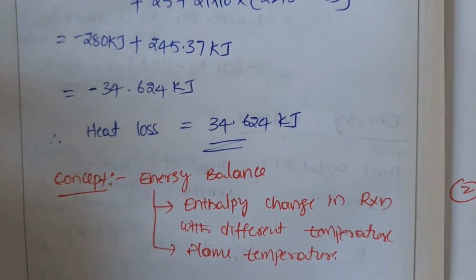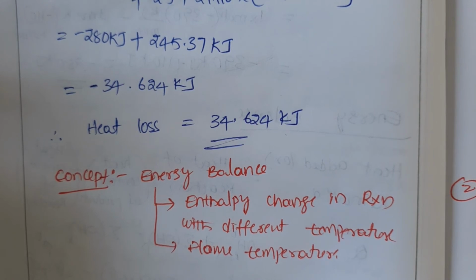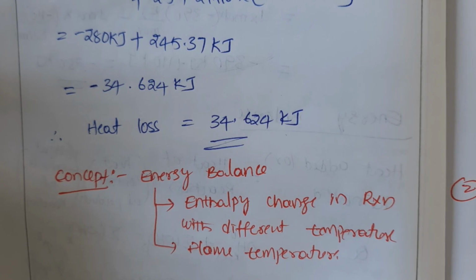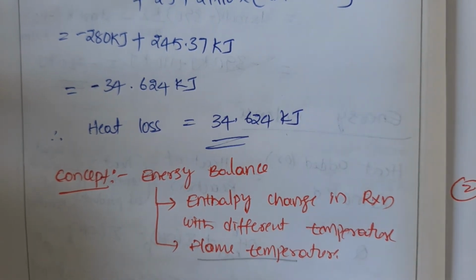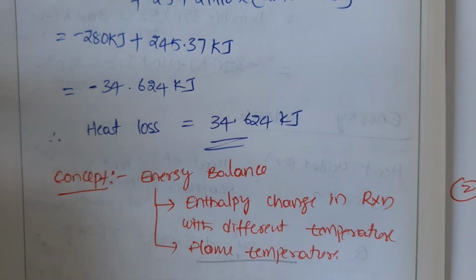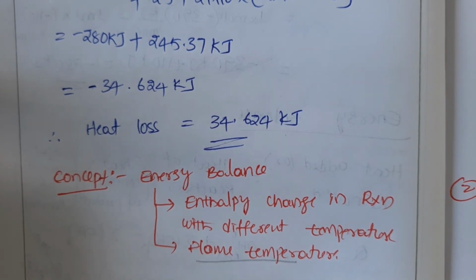To understand this concept in depth, you have to study energy balance, enthalpy change in reactions at different temperatures, and flame temperature topics. I have explained everything step by step for your understanding purposes. From the GATE exam point of view, you have to reduce steps to a minimum with perfect solutions. So check the unit consistency as well.